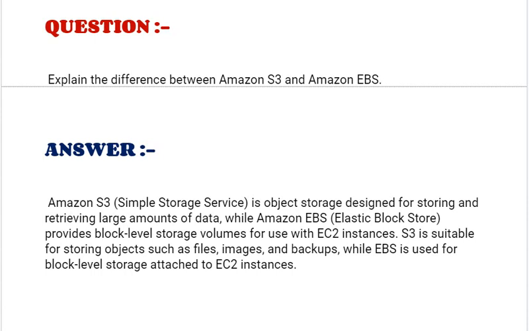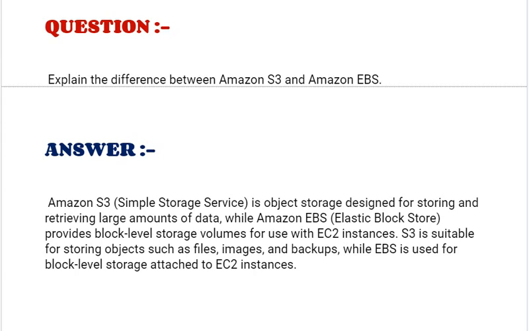Our next interview question is: explain the difference between Amazon S3 and Amazon EBS. Your answer should be: Amazon S3, that is Simple Storage Service, is object storage designed for storing and retrieving large amounts of data, while Amazon EBS, Elastic Block Store, provides block level storage volumes for use with EC2 instances.